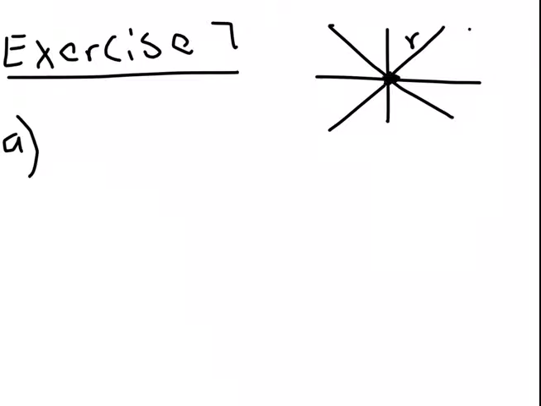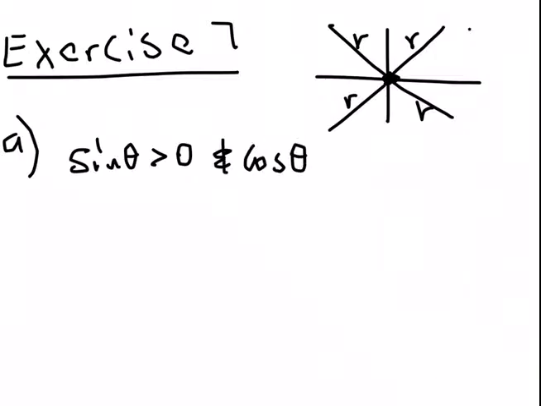Yes, we're just trying to figure out in which quadrant that terminal arm will lie. So A, sine of the angle being greater than 0, and cos of an angle being greater than 0.